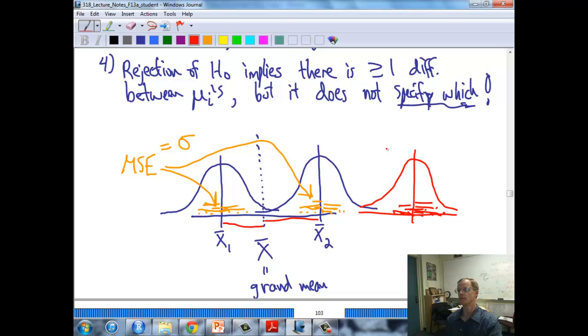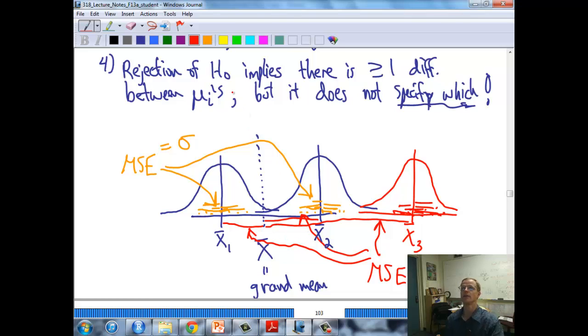There's going to be a sigma, which will go into the mean squared error. But this distance here is again a mean of the third group to this grand mean. And those means give us a mean squared error, all three of these lines.